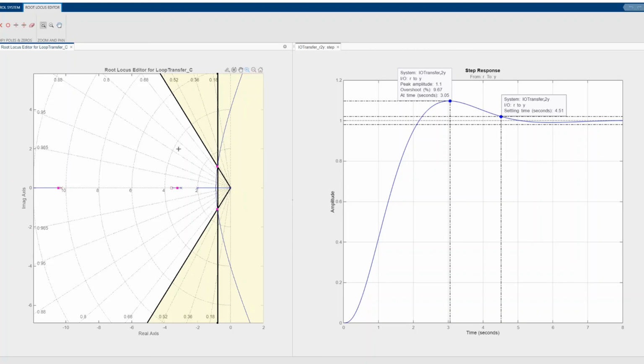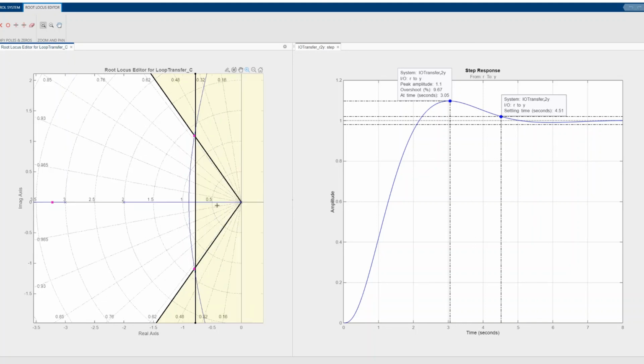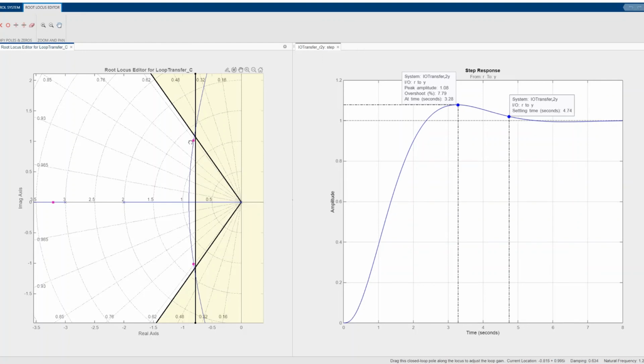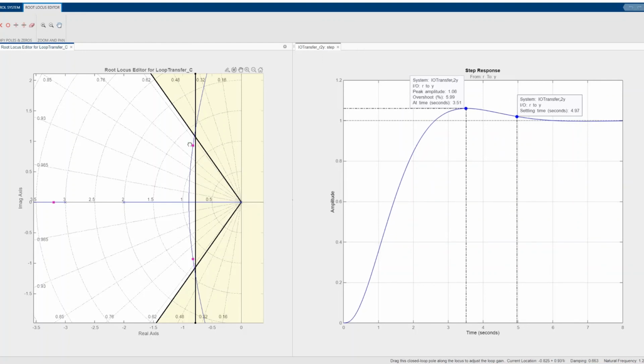If I zoom in here even more, you can see what's happening. It's really at the edge, and I can now take this closed-loop pole and move it a little bit farther away from the vertical axis. You can see that the overshoot is now decreasing.